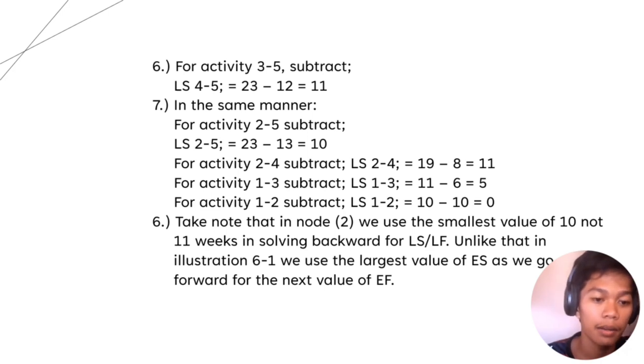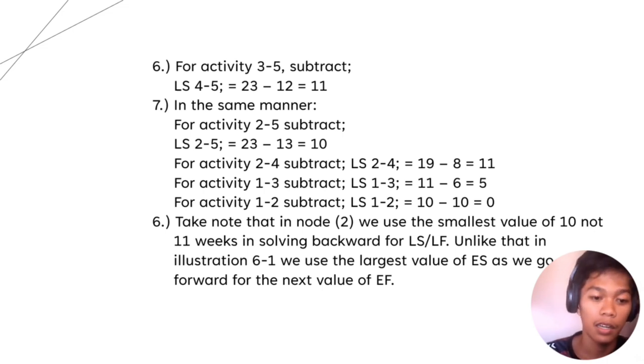In the same manner, for activity 2 to 5, LS of 2 to 5 equals 23 minus 13, equals 10. For activity 2 to 4, LS of 2 to 4 equals 19 minus 8, equals 11. For activity 1 to 3, LS of 1 to 3 equals 11 minus 6, equals 5.